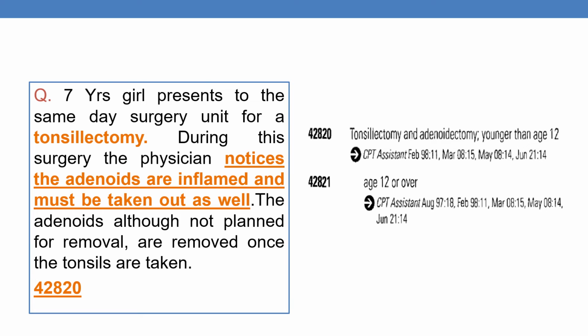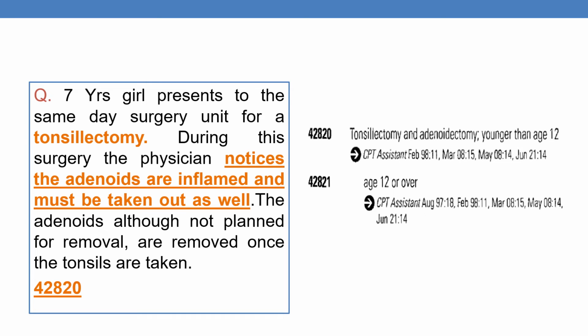Let us see examples. A 7-year-old girl presents to the same day surgery unit for tonsillectomy, and during the surgery the physician notices adenoids are inflamed and must be taken out as well. So here the patient presents for tonsillectomy. Ectomy means nothing but surgical removal. Tonsillectomy is surgical removal of tonsils.